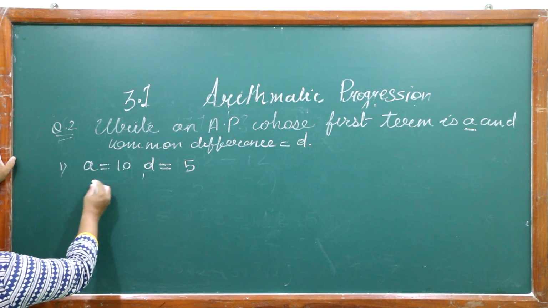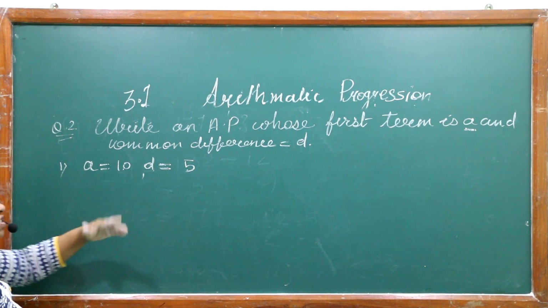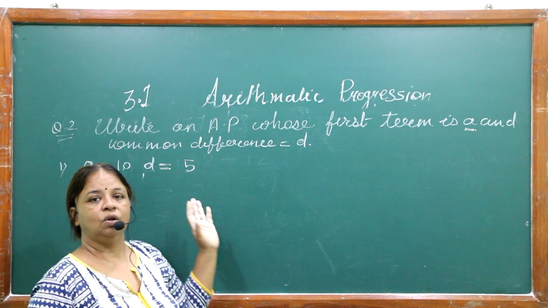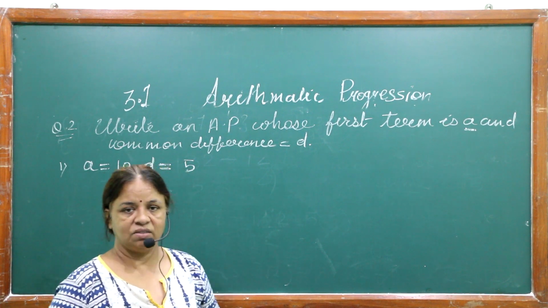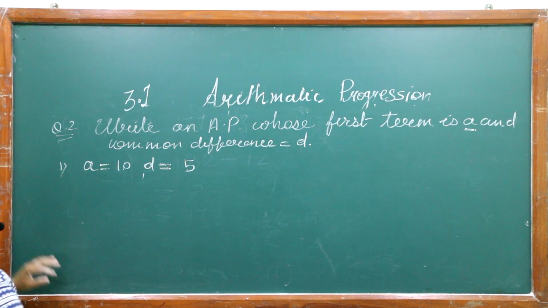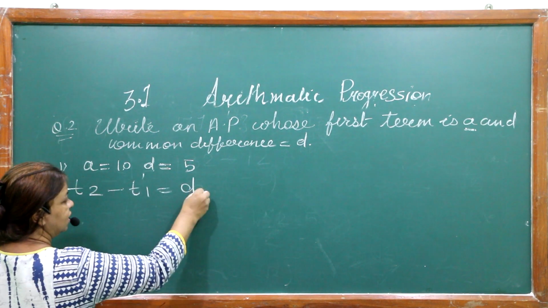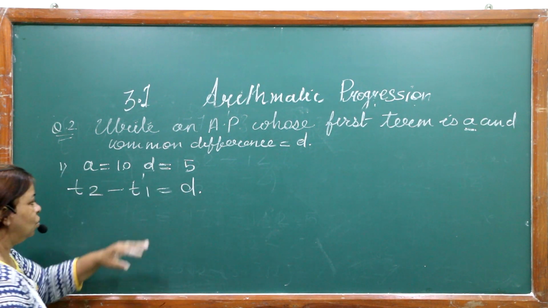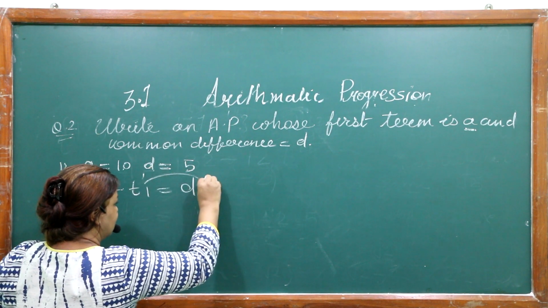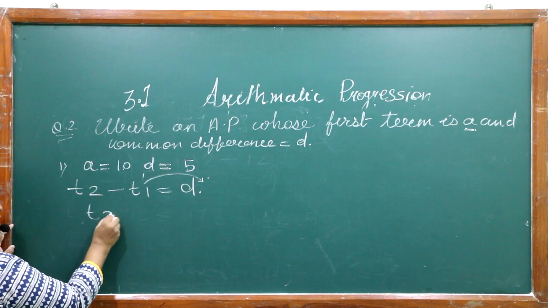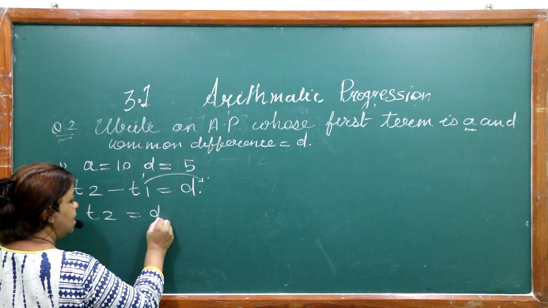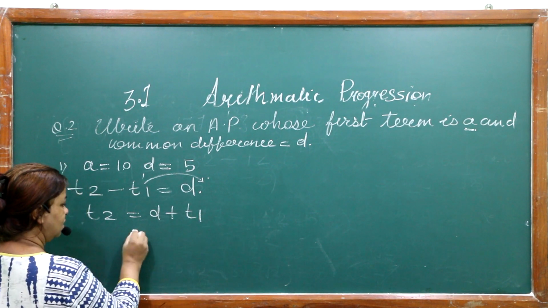Let us see. Now we know from previous question number 1, to find the common difference we use T2 minus T1 is equal to D. So I am shifting this T1 here and I am getting T2 is equal to D plus T1.